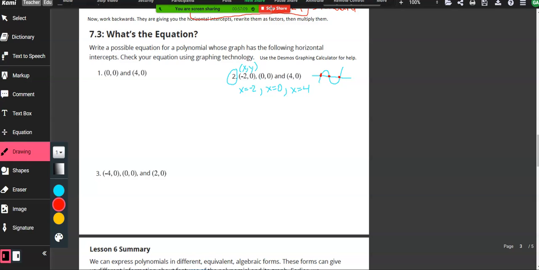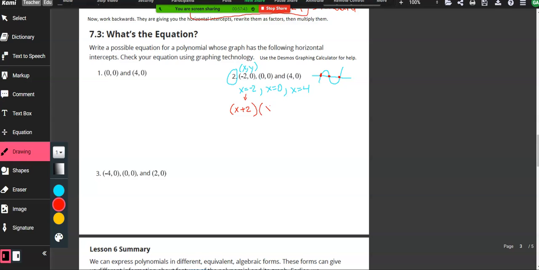But we're trying to see what equation created these three x-intercepts. Well, we work backwards from the zero product property. So look at what I'm going to do here. If I know that the x-intercept was negative 2, then I know that the factor x plus 2 was the one that caused an x-intercept at negative 2.